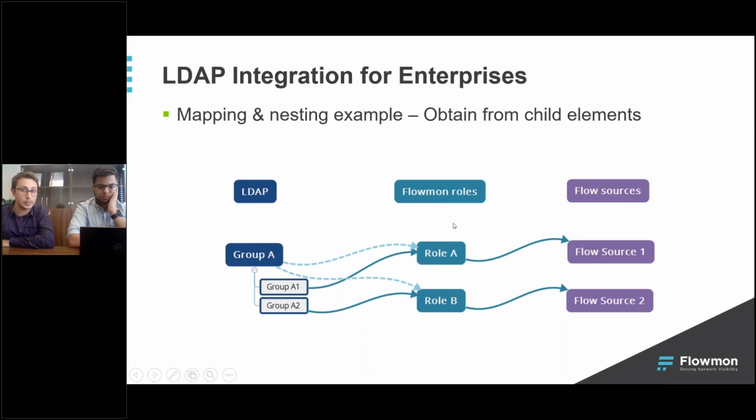With nesting enabled and the obtain from child option set up, group A again automatically is assigned to role A and role B, and thus it has access also to flow source 1 and flow source 2.